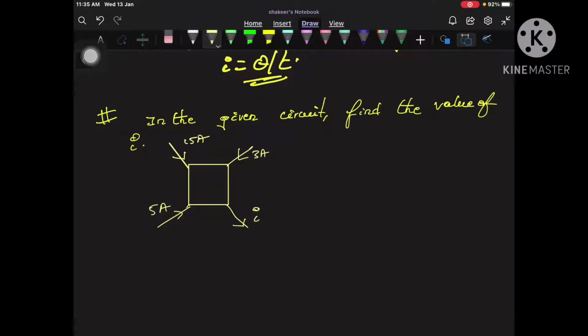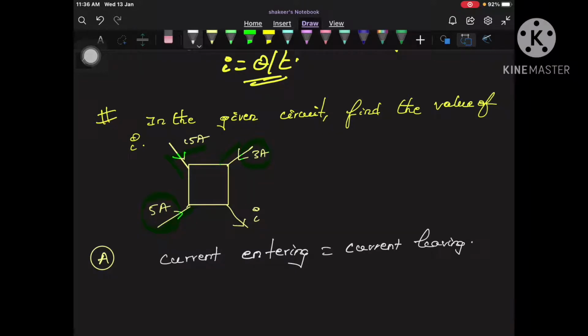If I see here, 15 amperes of current, 3 amperes of current and 5 amperes of current are entering the junction. Clear? But only I amount of current is leaving the junction. So definitely I can say that current entering must be equal to current leaving the junction.